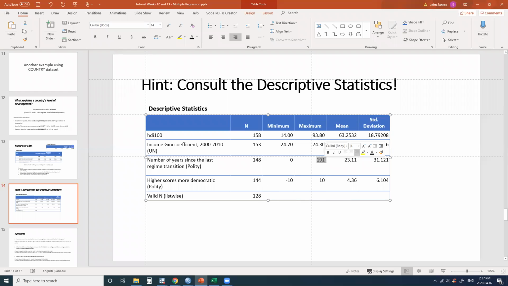I think that might actually be the United States or the UK. Then for polity, we have the full range, -10 to +10. That's the full theoretical range.